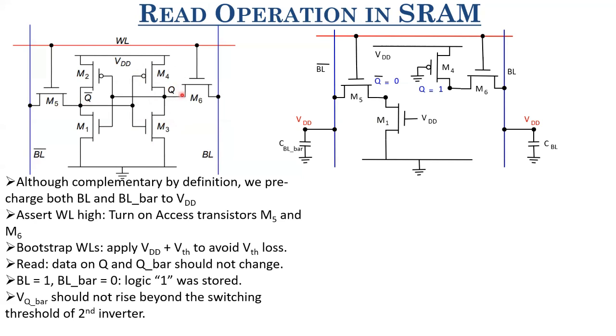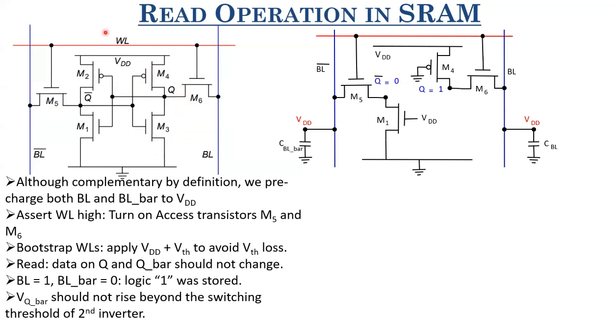Earlier, Q equal to 1 was stored, but if VQ bar increases above the switching threshold of inverter 2, then it will flip the content of its output, and this Q, which was originally at 1, will go to 0.